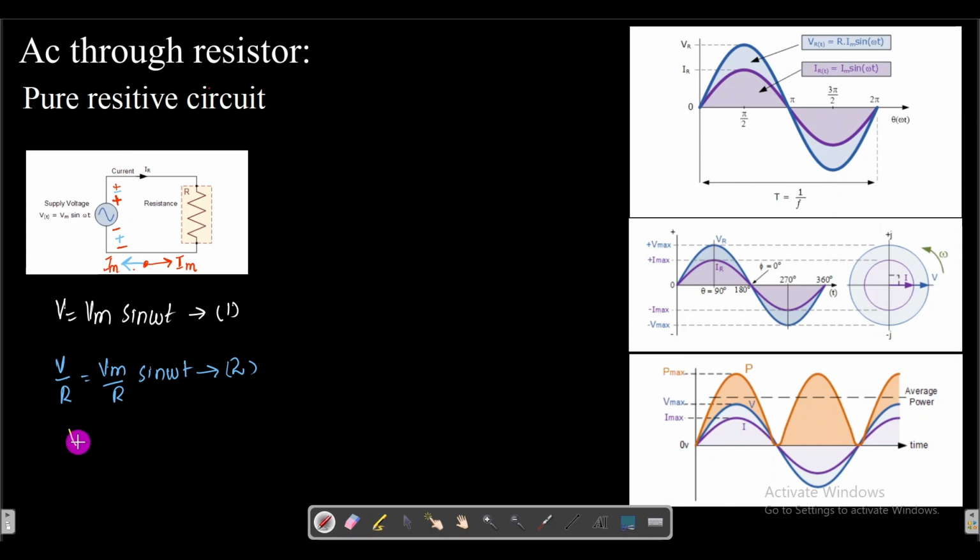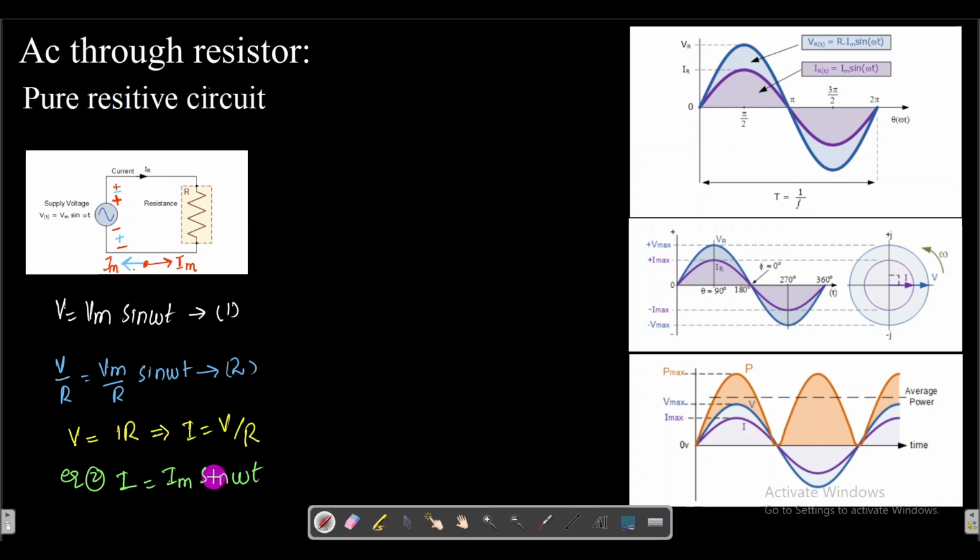According to Ohm's law, V is equal to IR, and from this, I is equal to V by R. So instead of V by R, we put I, and the equation becomes I is equal to Vm by R, where Vm by R is given by Im, and the rest is sine omega t.